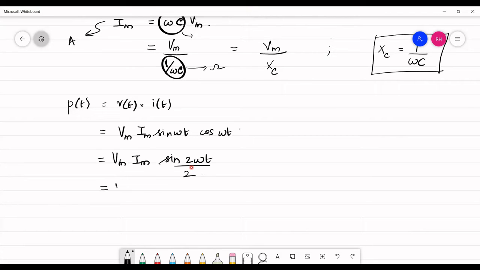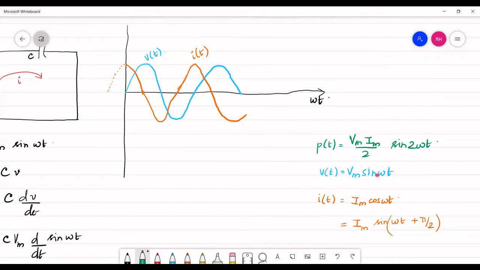And hence it is written as Vm Im divided by 2, a constant, into sine 2 omega t. Now let's trace the waveform of power also. From the expression, it could be seen that within a period where the voltage waveform completes one complete cycle, the power waveform is going to complete 2 cycles.